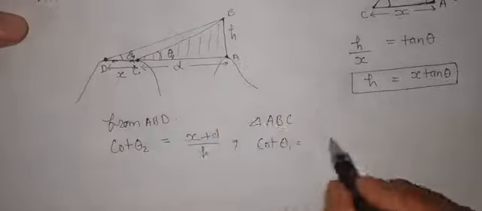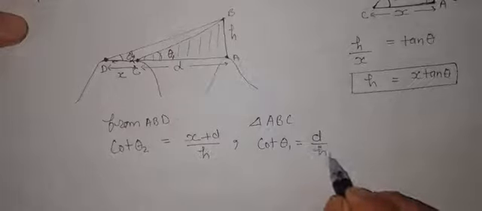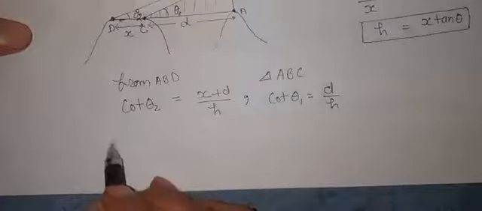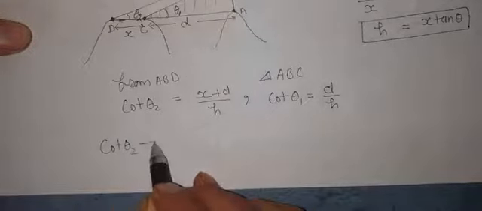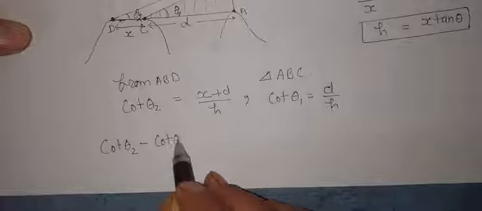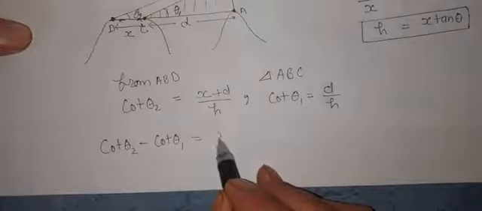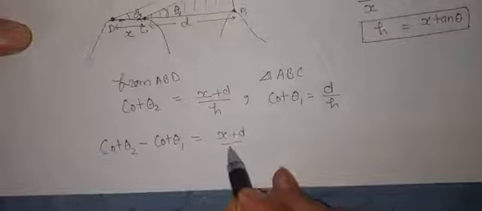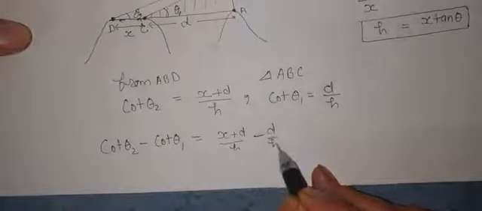So it is base upon perpendicular, d by h. Okay, now how much is the separation between these two angles? So cot theta 2 minus cot theta 1. Okay, so cot theta 2 is x plus d by h, minus d by h.